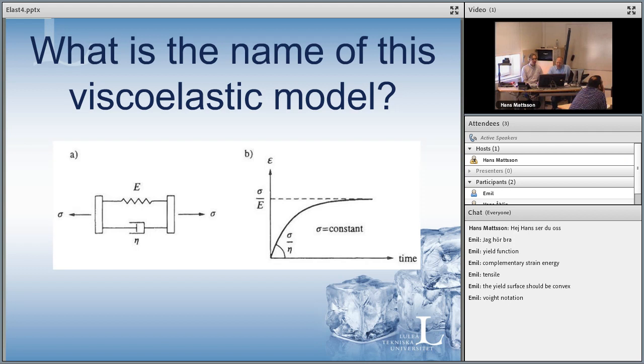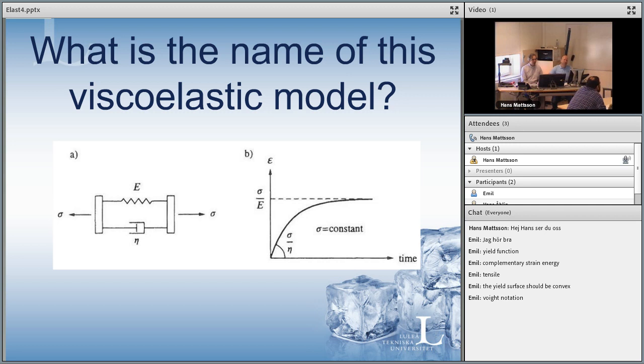What is the name of this viscoelastic model? Do you have a correct, do you have a distinct answer?